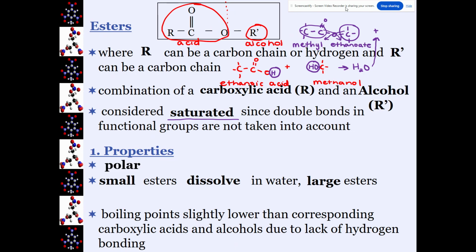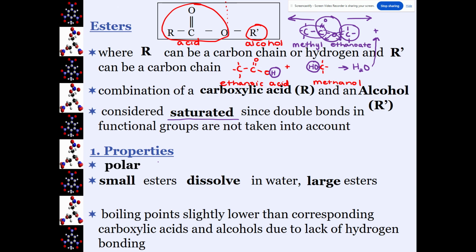Properties: they are polar, but their solubility again depends on their size. This part of the ester is polar, but if you have long carbon chains going outwards on both sides, those are nonpolar. So although it remains polar, it might not be polar enough or have strong enough dipole-dipole forces to be soluble in water. Plus, they don't have hydrogen bonding, which is another key point.